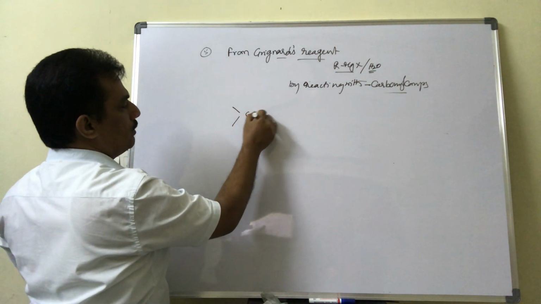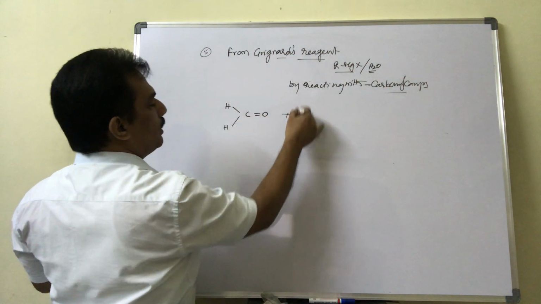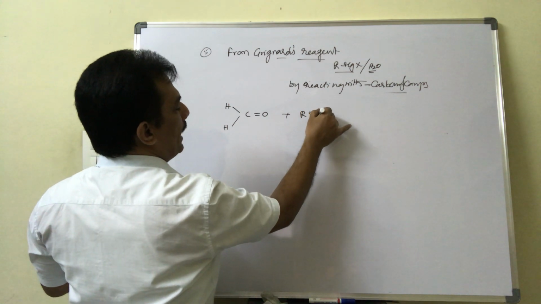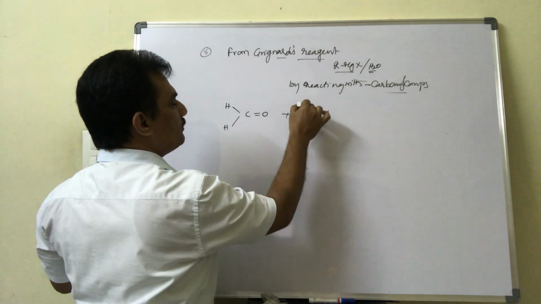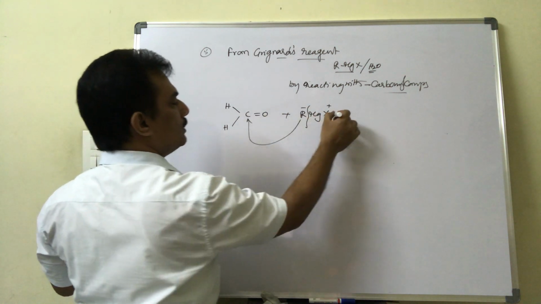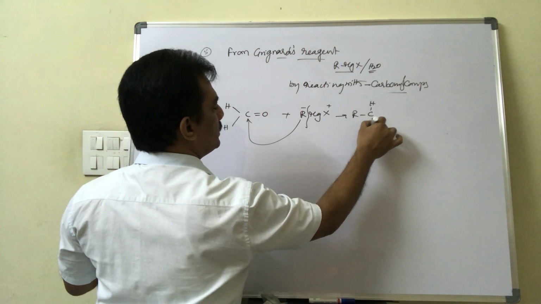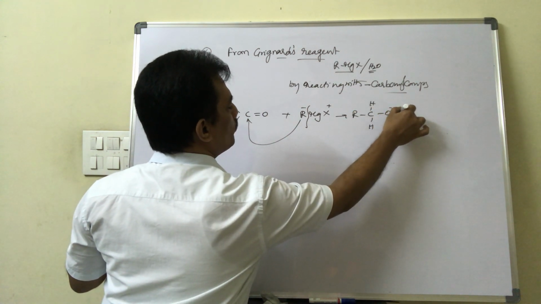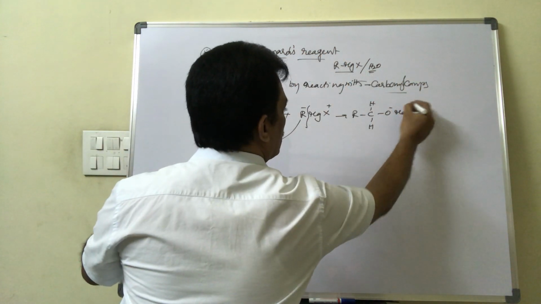This is formaldehyde. This one, when treated with RMgX, this RMgX will split like this. This one will go to this, where it is forming RCH2O-MgX. This is the total.